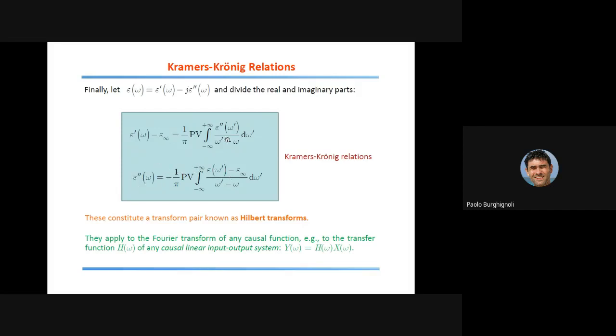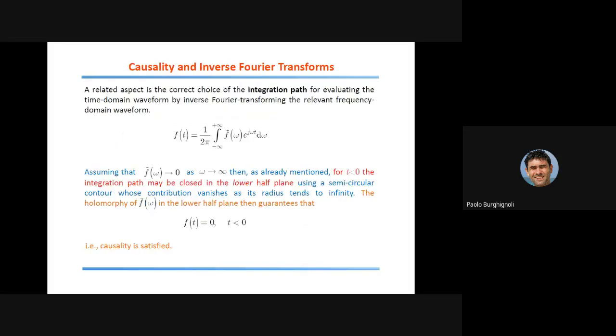So those relations are also useful in practical measurements, in addition to having, of course, theoretical value. Okay, this is the first important result that stems from causality, and whose proof has required some analytical functions technique.